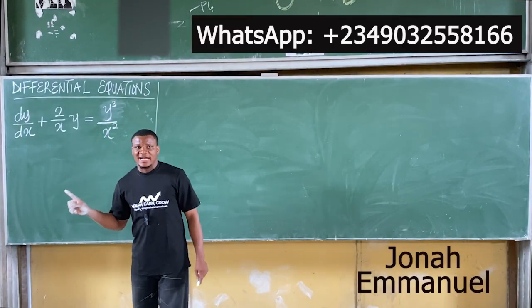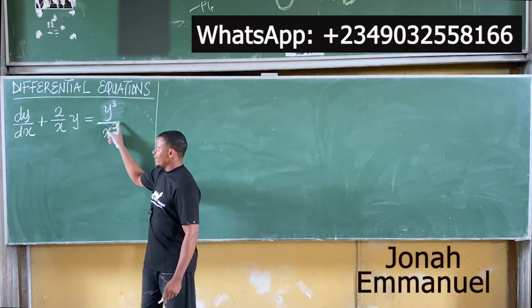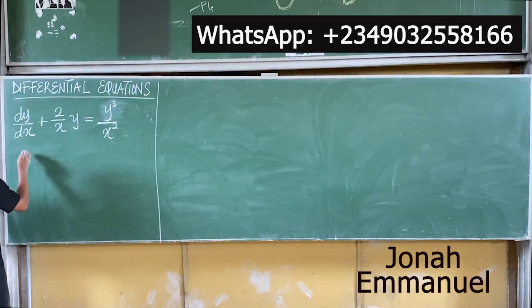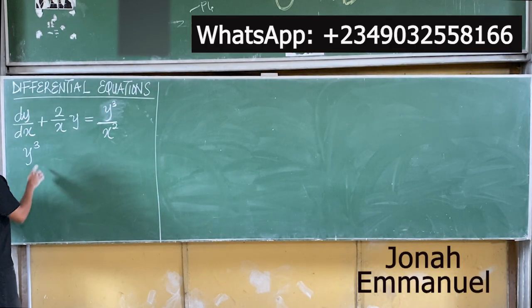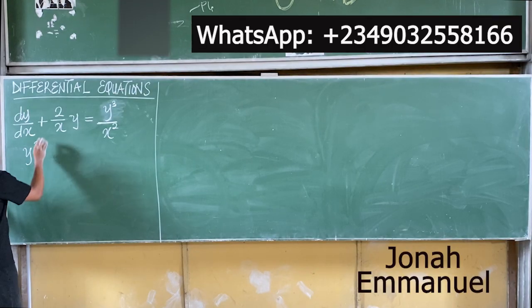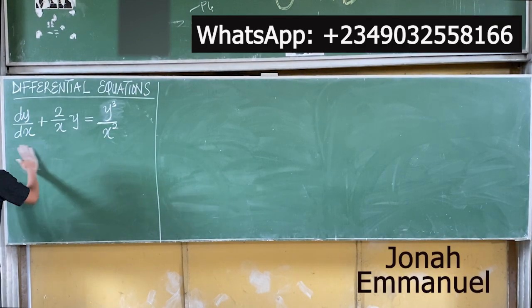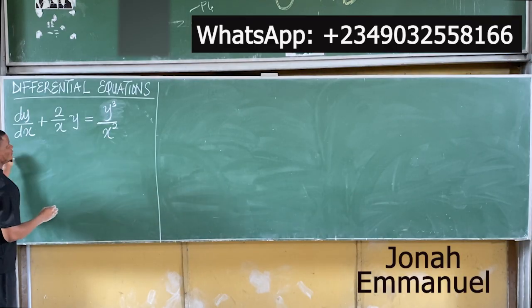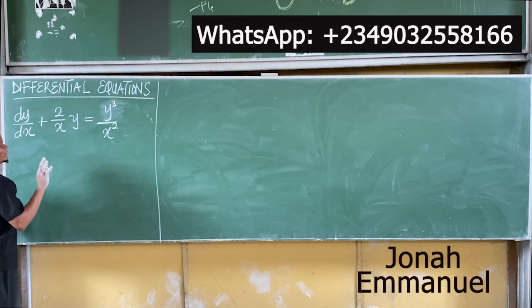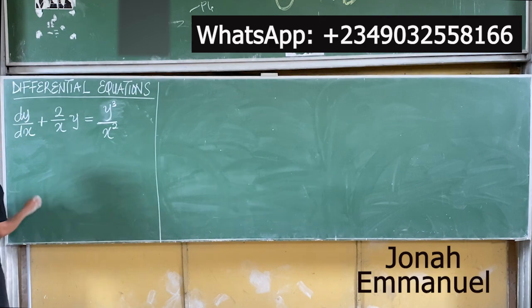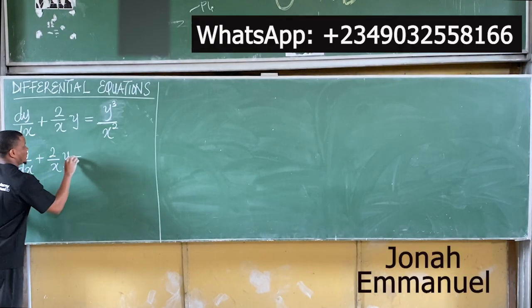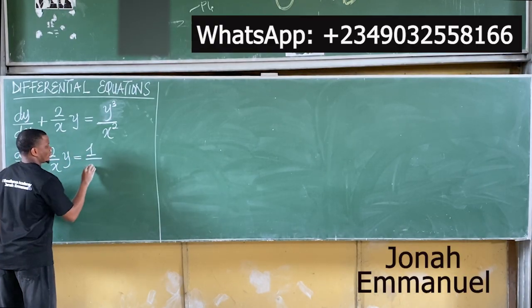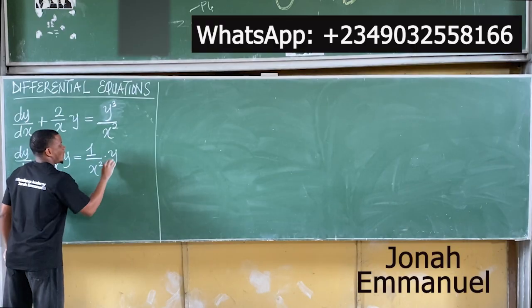The first step, as we said, is to look at the y term here. The y term is y to power what? 3. So the question is, what's n here? Before we get the form, let me shift out this y cubed. This becomes dy/dx plus 2 over x y equal to 1 over x squared times y cubed.